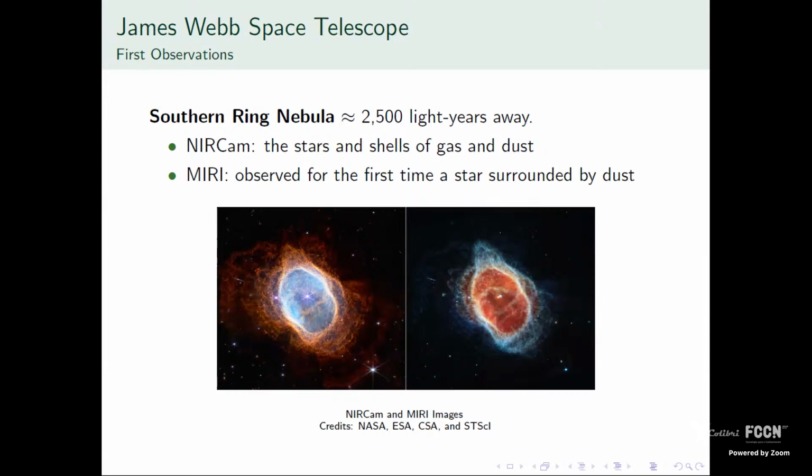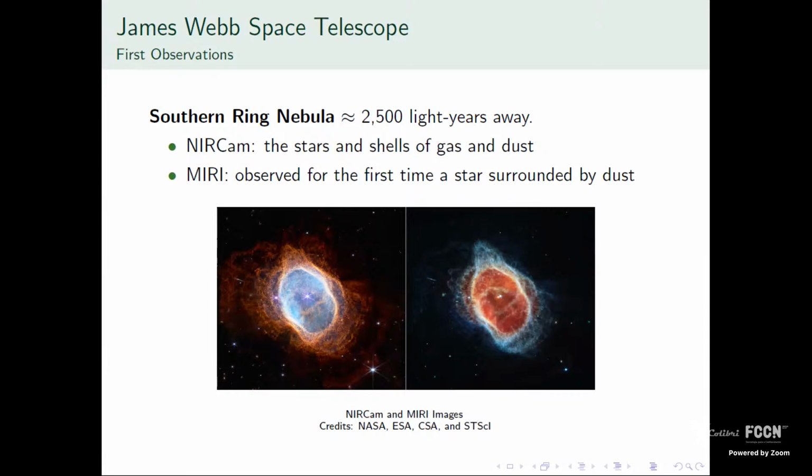And we can actually see in these images the layers of light being ejected from the stars. And so the further the layer of light, the older it was ejected from the star.